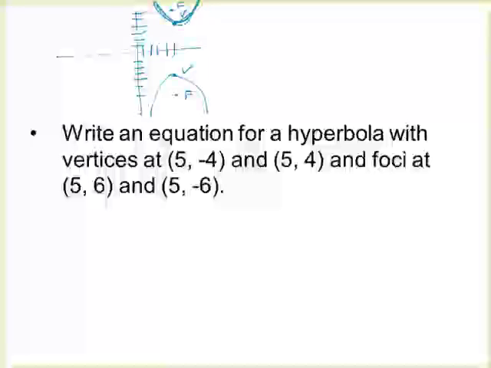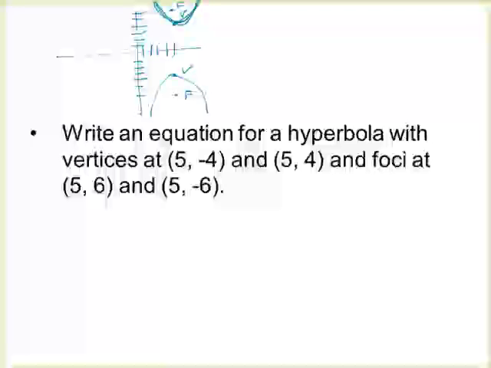So I plot out the 4 points, and a hyperbola should have 2 branches that go through the vertices and open around the foci. So when plotting these points, I can tell this thing is vertically faced.